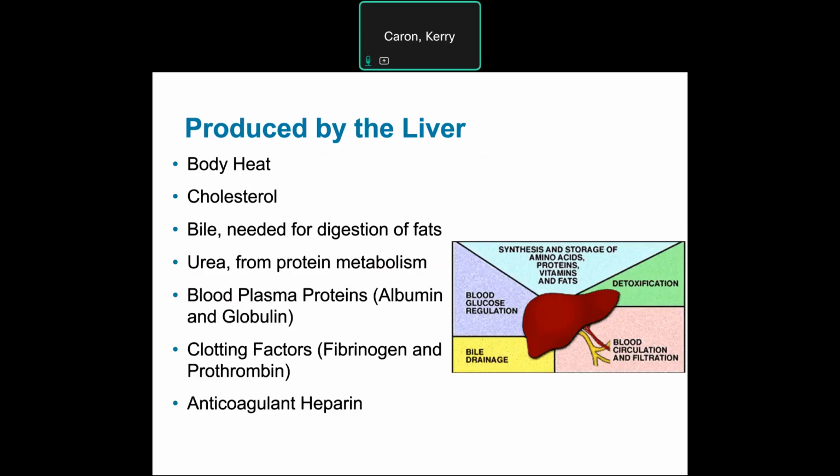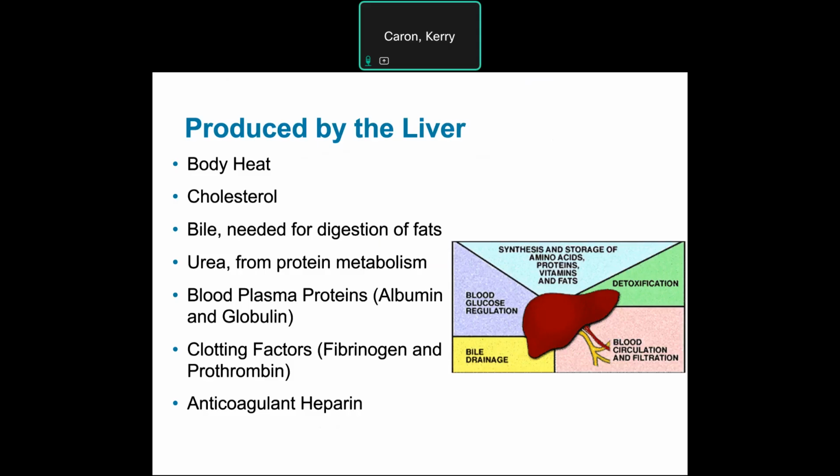Blood plasma proteins such as albumin and globulin, also clotting factors we need for wound healing, such as fibrinogen and prothrombin.